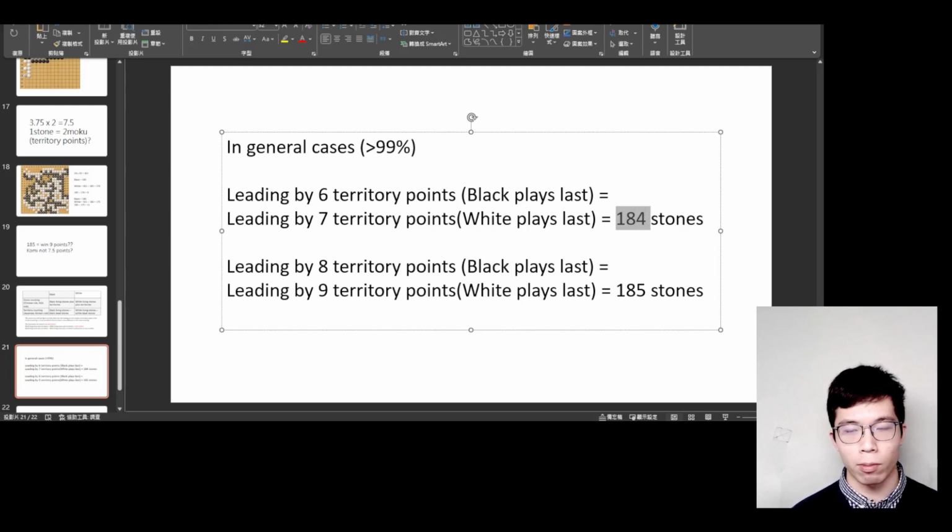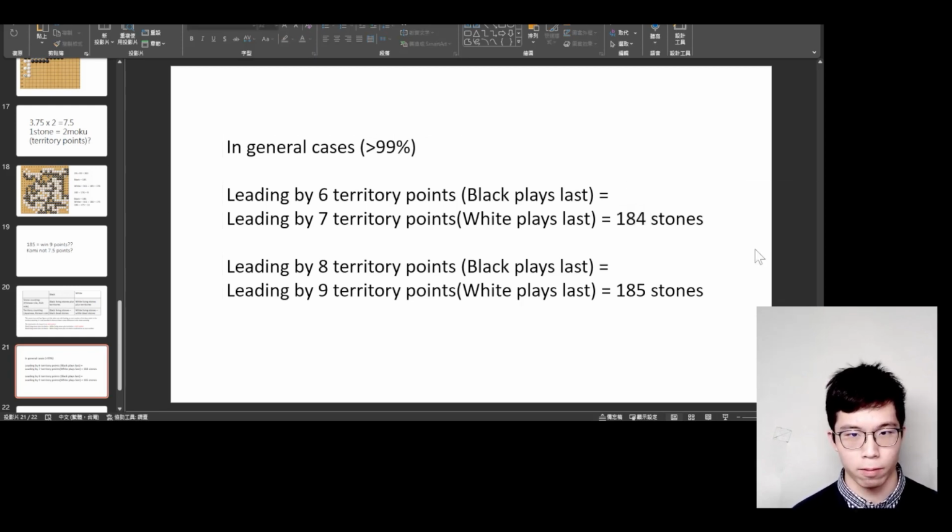It will also be 184 stones. So whether black leads by 6 or 7 territory points, black will lose in general cases. But if black leads by 8 territory points, then black will play last and have 185 stones. So black will win by having 8 territory points.